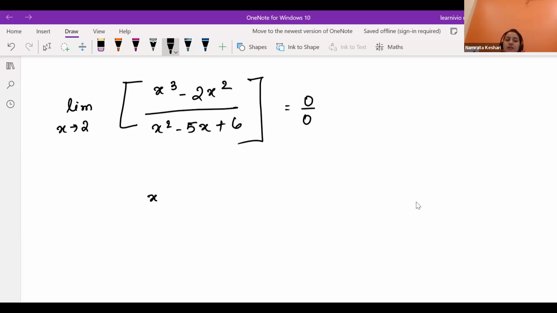In the numerator, it is crystal clear that we can take out x square commonly, and x minus 2 will be removed. And what about the denominator? Splitting the middle term, 6 is there, so 3 times 2 is 6, will it work? Let's check it.